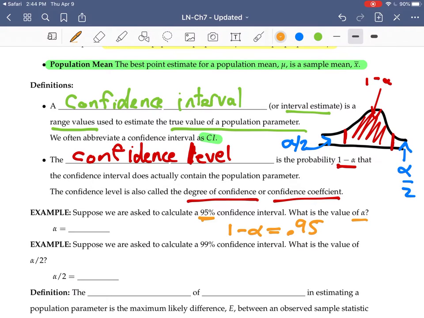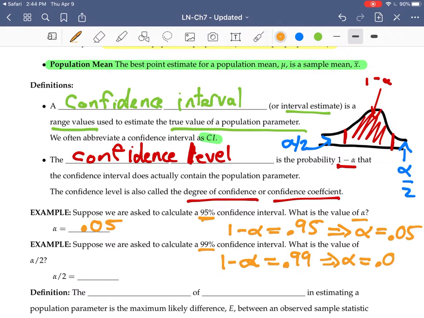If we add alpha to both sides and subtract 0.95 from both sides, we end up with alpha equal to 0.05. That's our value for alpha. If we have a 99% confidence interval, then 1 minus alpha is equal to 0.99, and so alpha is 0.01.